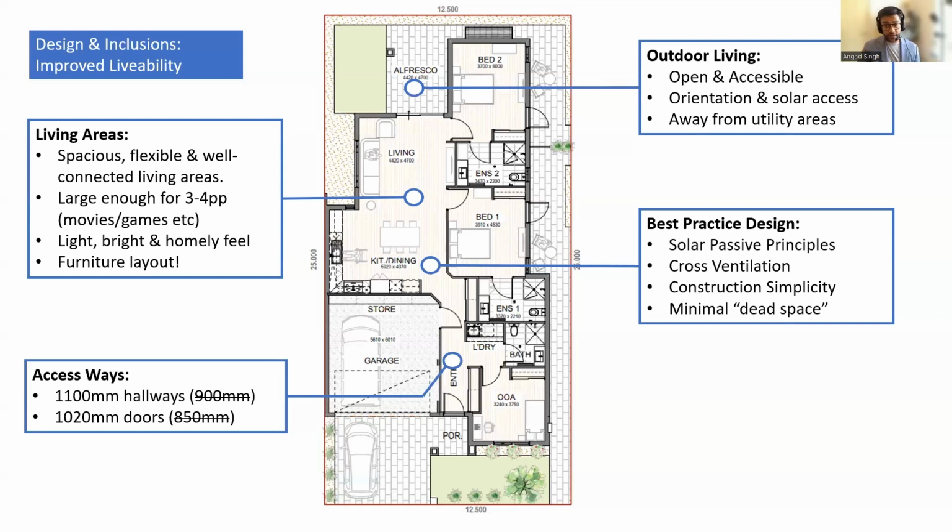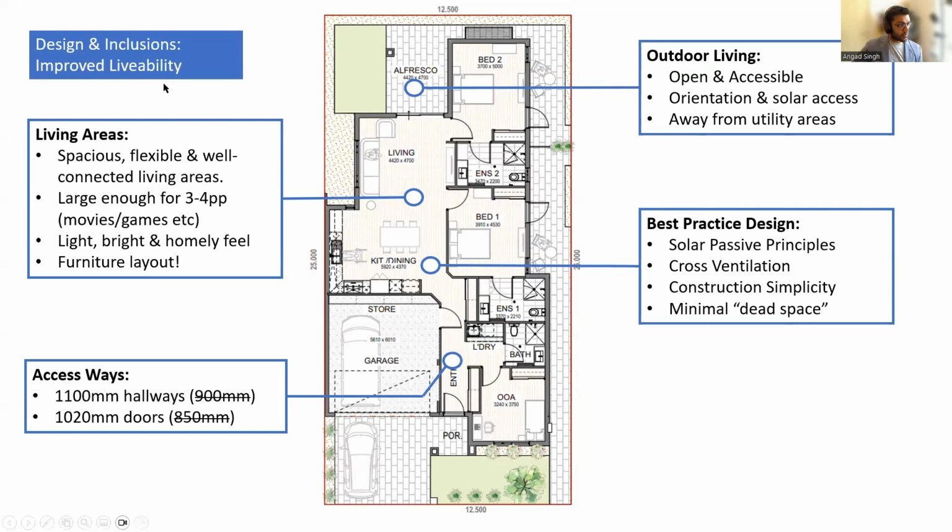In order to do that, it's really important that the living area facilitates that type of interaction. Also, light and bright, making sure that the furniture layout is conducive to group activities and is practical and functional, and making sure that the outdoor living area is well connected to the living area, so people can freely move indoor, outdoor, and really creating that sense of connection between the two spaces.